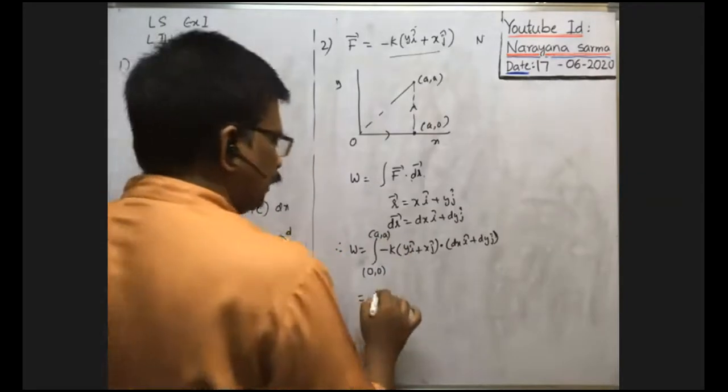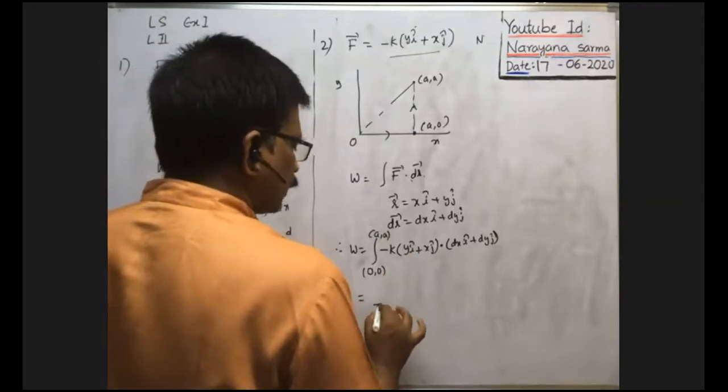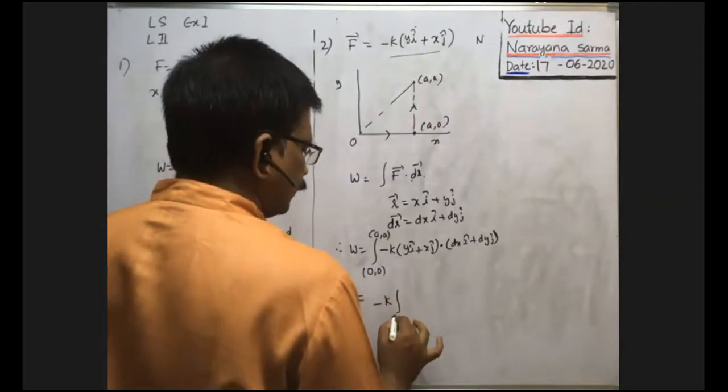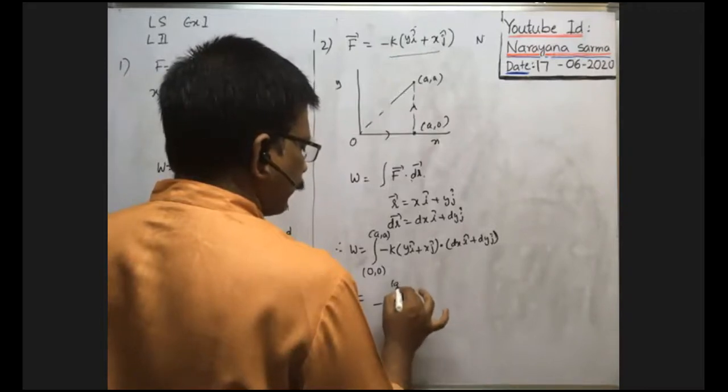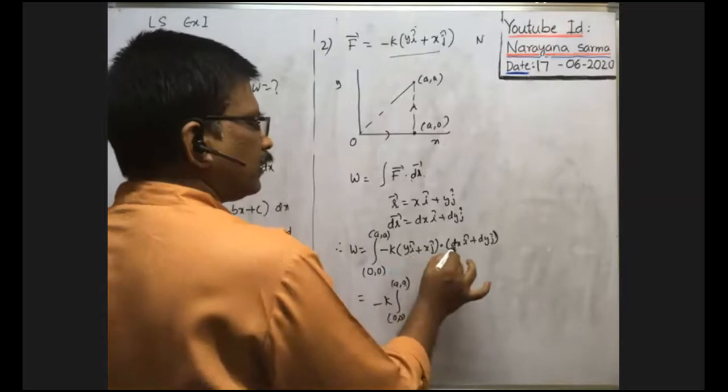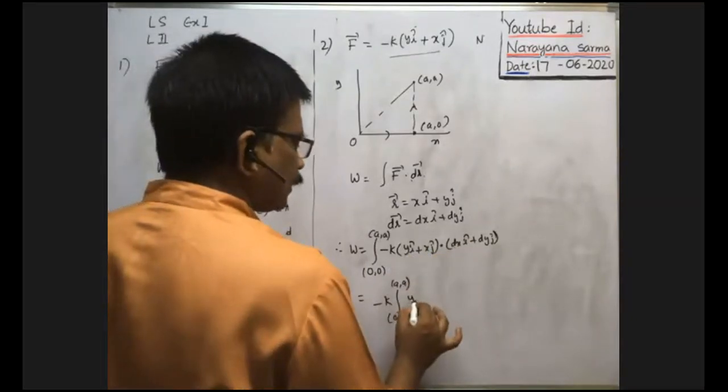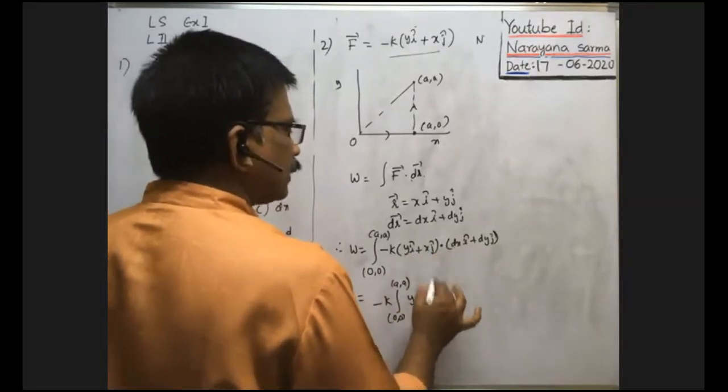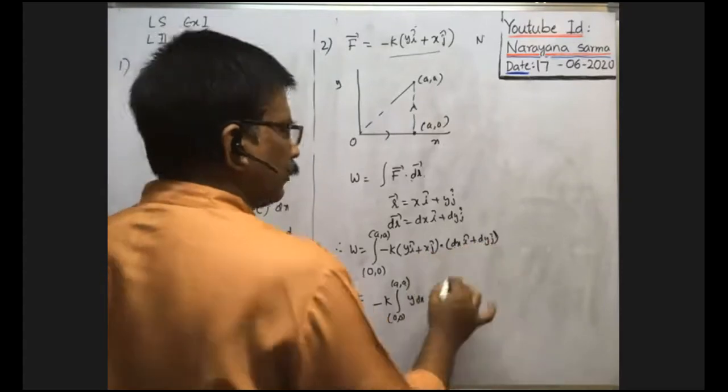This is equal to minus k, as k is constant, you write it outside, minus k into the integral from (0, 0) to (a, a). Dot product: y i cap dot dx i cap means y dx, plus x j cap dot dy j cap means x dy.